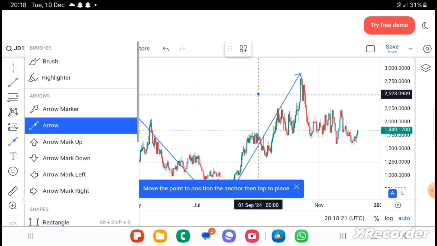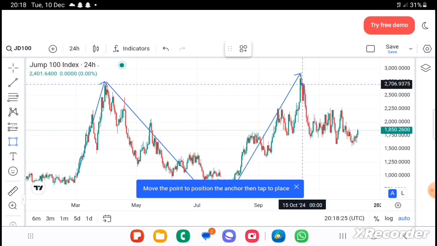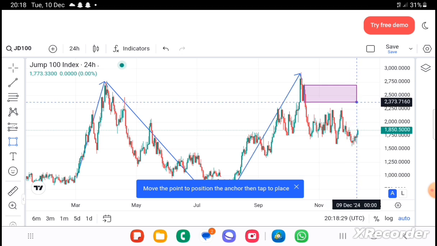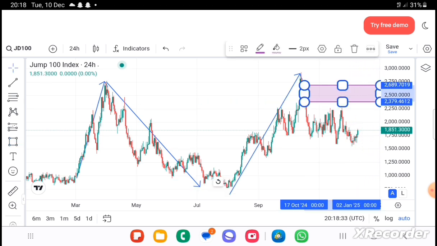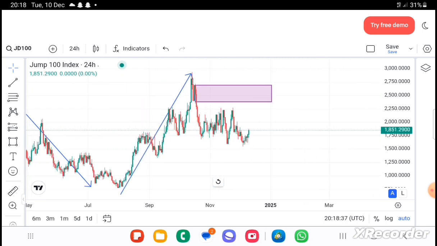Where's my tool again? I believe price is coming to test this area, because there is an order block here. Price is going to test this area, okay, so I'm expecting price to come to that side.